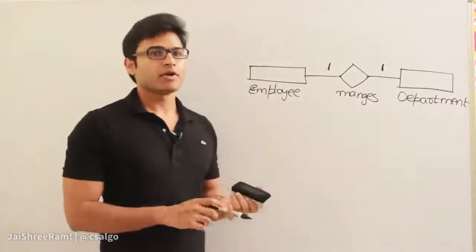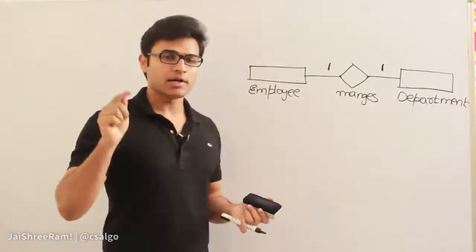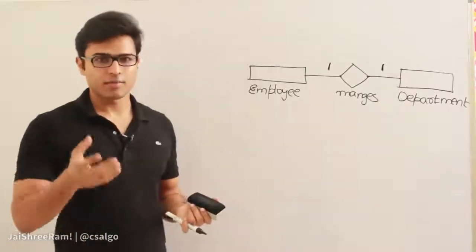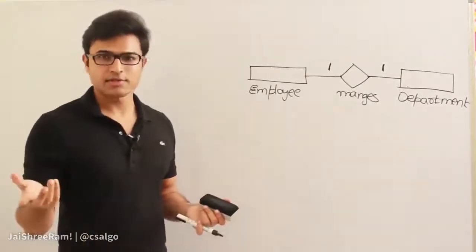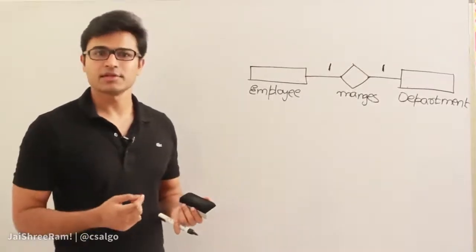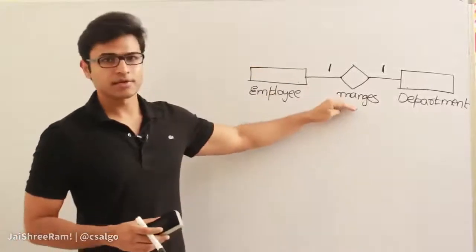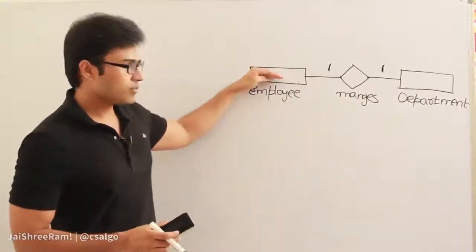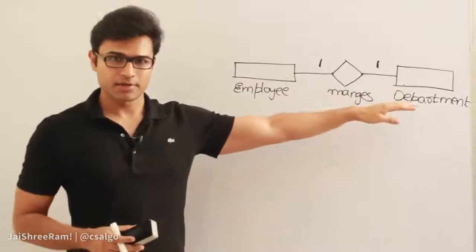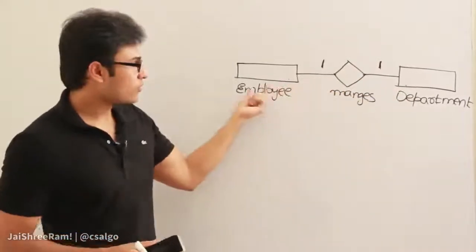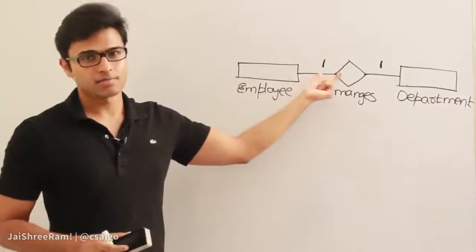Therefore an employee can manage only one department, but it is not necessary that every employee has to manage a department. Among all the employees, there will be some managers and some of them will not be managers, right? Therefore all the employees will not participate in this relation, which means all the employees will not manage any department. Some of them will manage. Therefore from this side the participation is partial.